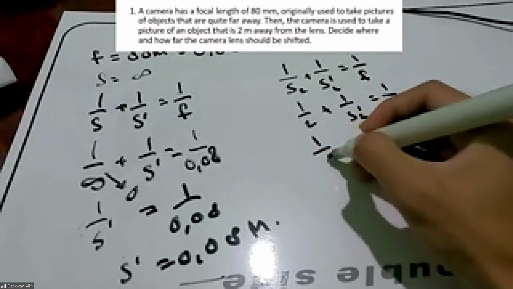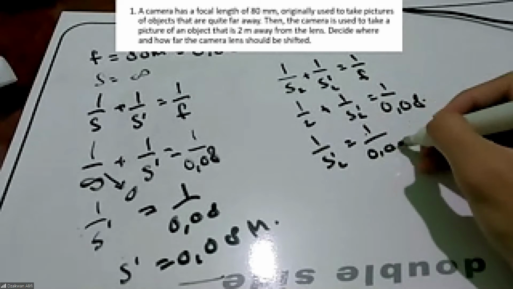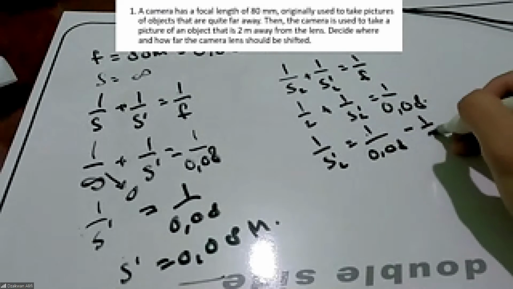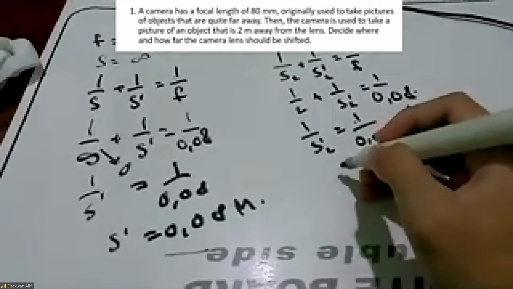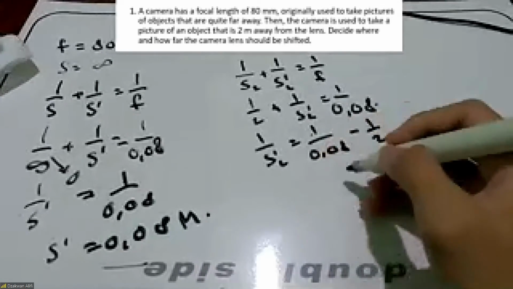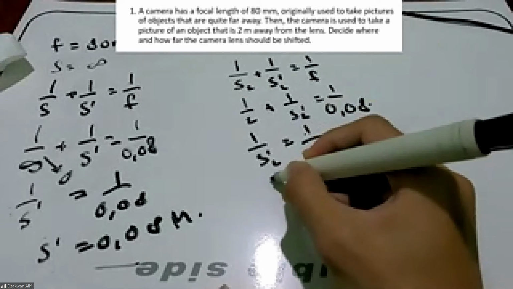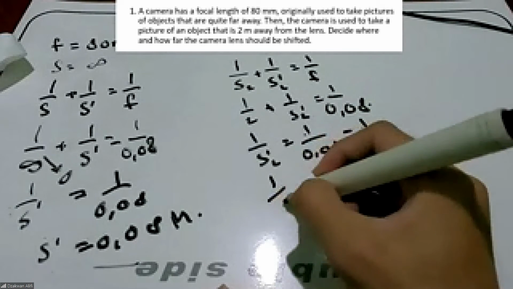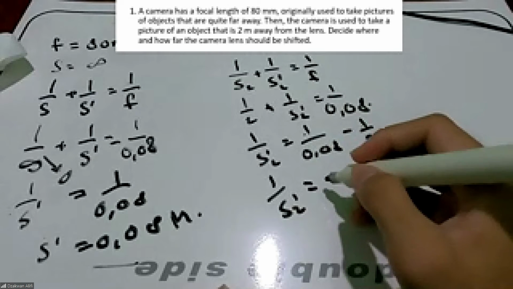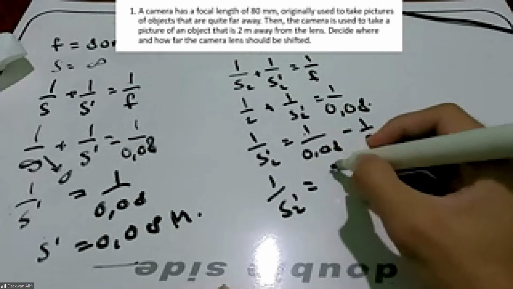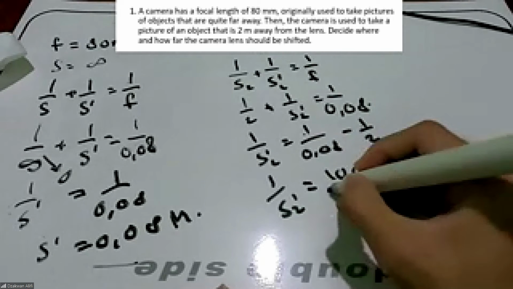So 1 per s2 accent is 1 per 0.08 minus 1 per 2, which is 100 minus 4 per 8.